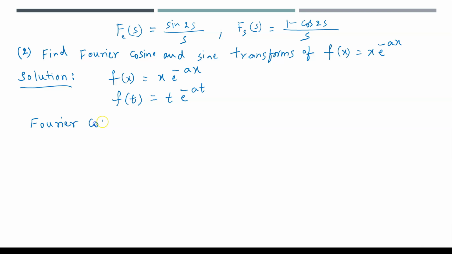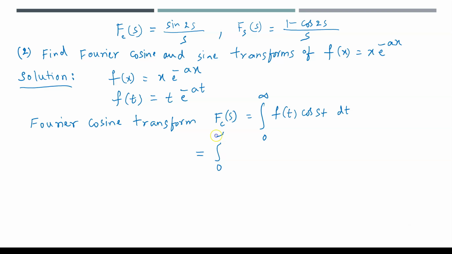The Fourier cosine transform Fc(s) equal to integral 0 to infinity f(t) cos st dt. Now let us replace this f(t) by the given function. So integral 0 to infinity t e power minus at cos st dt.